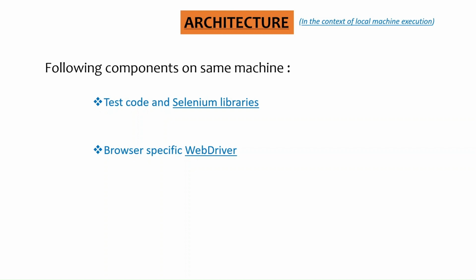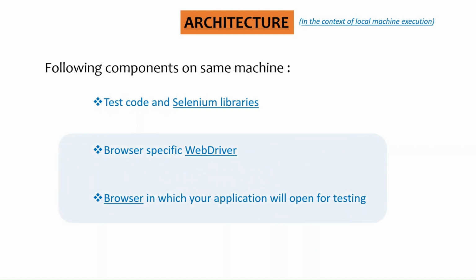In our discussion, we will talk about Chrome WebDriver, but basically similar logic applies to all other WebDrivers. And the third one is the browser, in which your application will open for testing. One very important thing to note here is that WebDriver and browser always need to be on the same machine, irrespective of local machine execution, remote execution, or execution in grid.